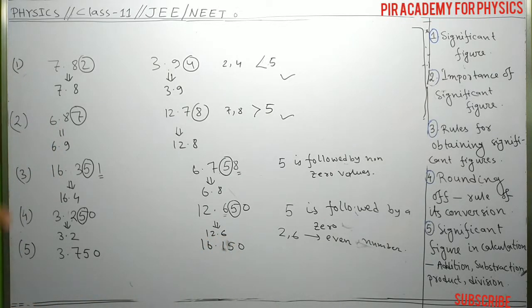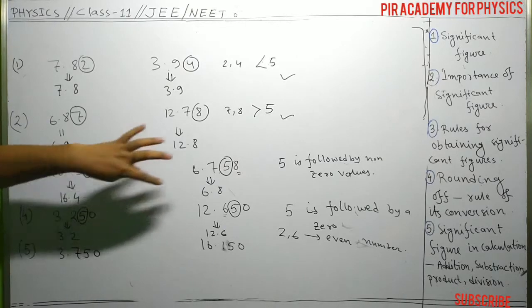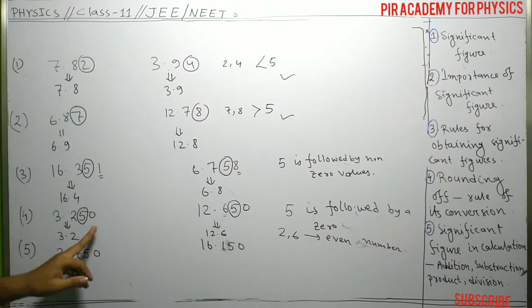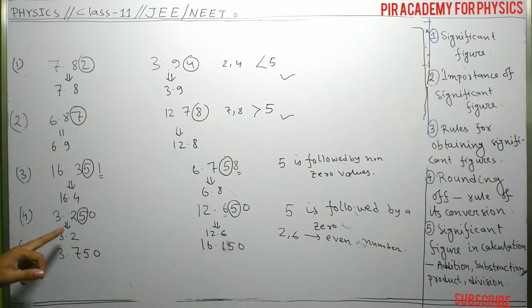Here, if you want to drop this 5, but this 5 is followed by 0, then the preceding number, here 2 and here 6, are even numbers. Then the preceding number will be unchanged.